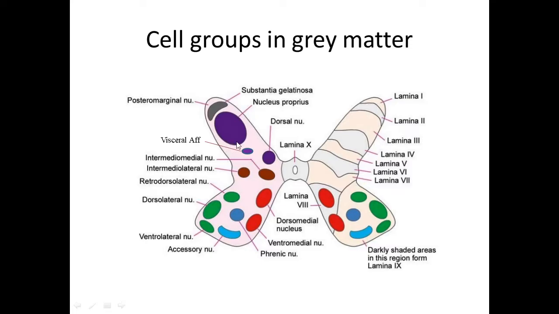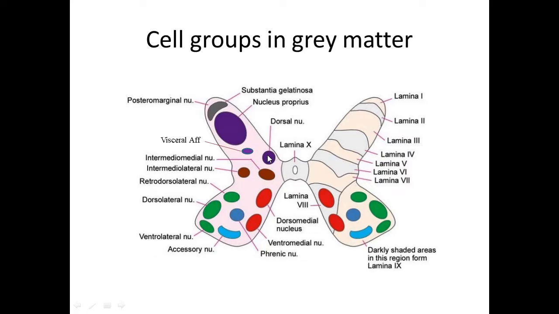So this nucleus receives which sensations? Pain and temperature from the lateral division, and touch and pressure from the medial division of the dorsal nerve root.